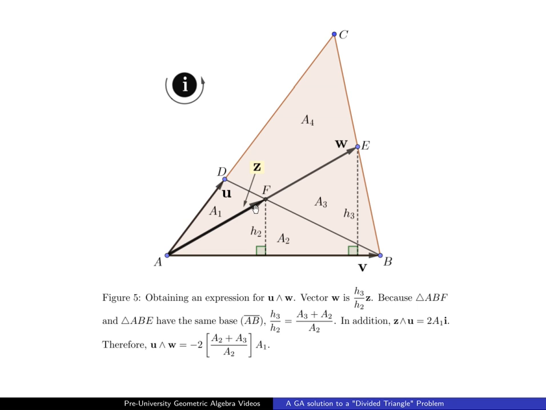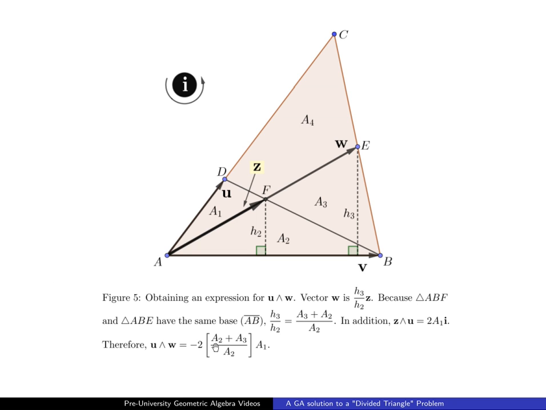And in addition, z wedged with u is 2 times a1 times I. So if we work through this, we end up with u wedged with w, that's in the opposite direction here, so it's negative 2 times a2 plus a3 over a2 times a1.